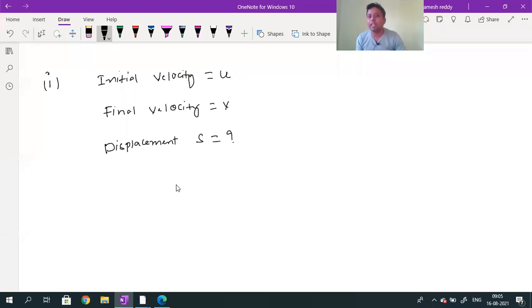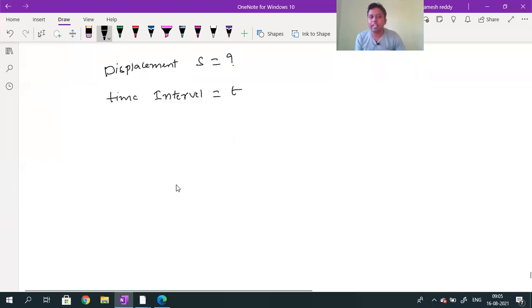The time interval will be equal to t. How can I calculate the displacement when they give the initial velocity and final velocity? Displacement is equal to velocity into time.